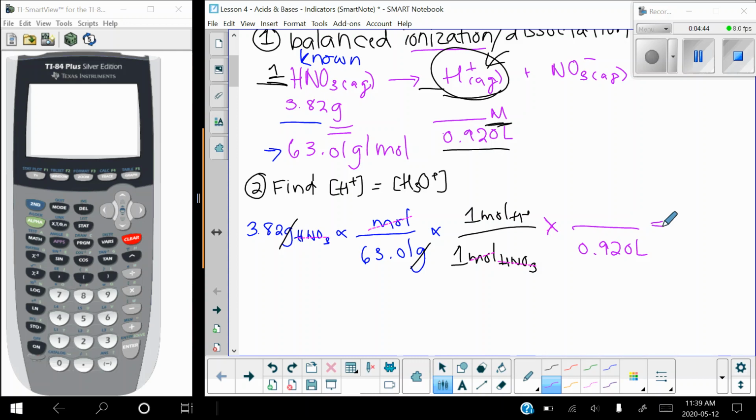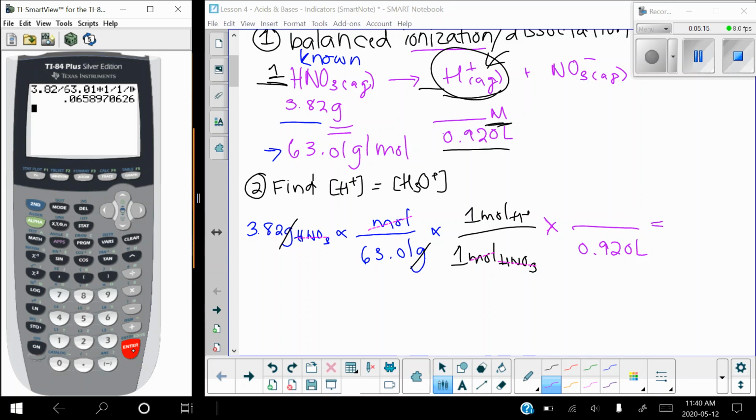Okay, let's go ahead and plug that in. 3.82 divided by 63.01 times 1 divided by 1. Don't need to put the step in, but some of you get very uncomfortable if you don't do it. Won't hurt to do it, won't hurt to leave it out. Then divide by our volume, 0.920.